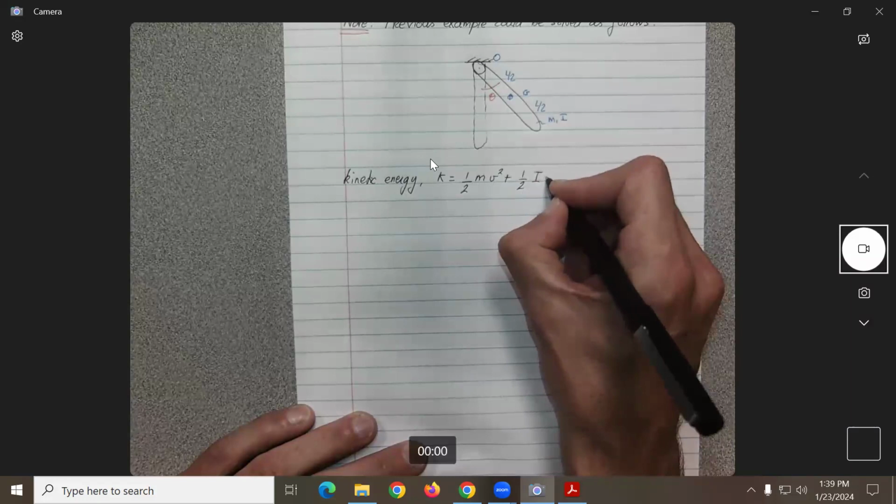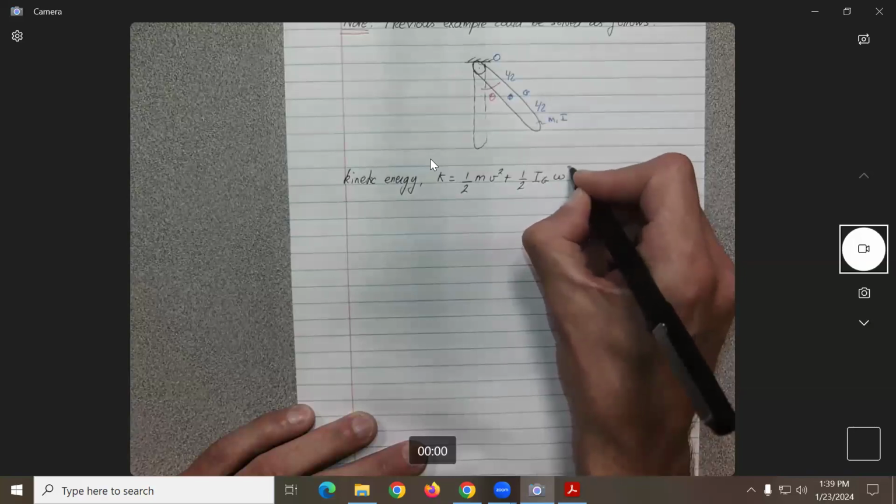And then over here we'll have the potential energy. Will there be any change in the potential energy?